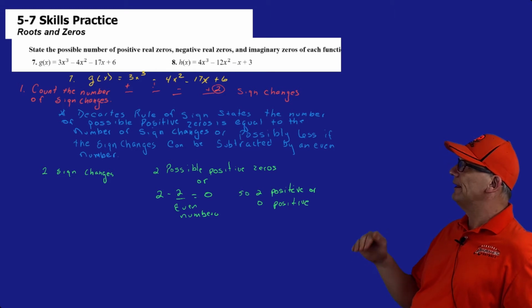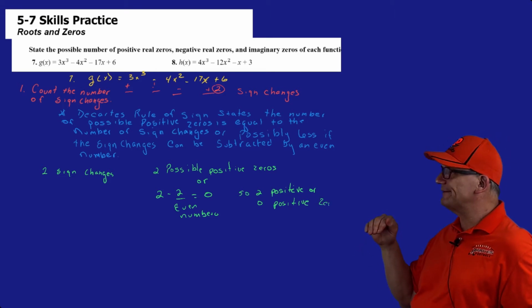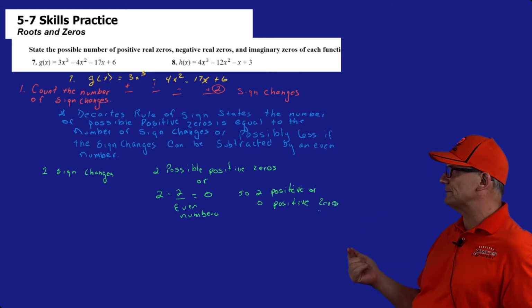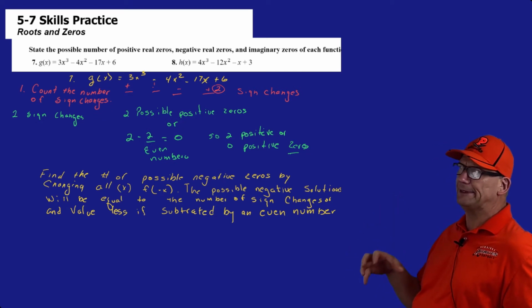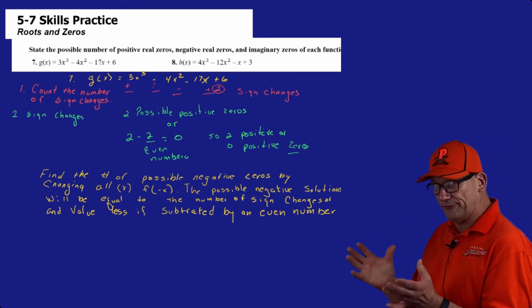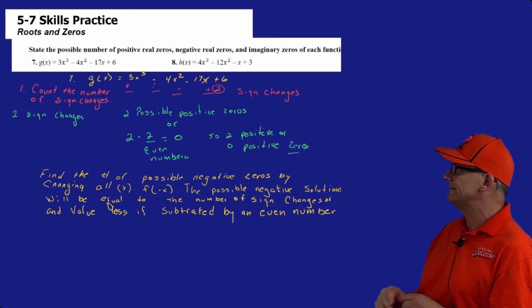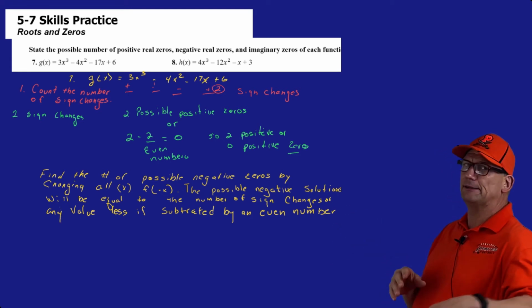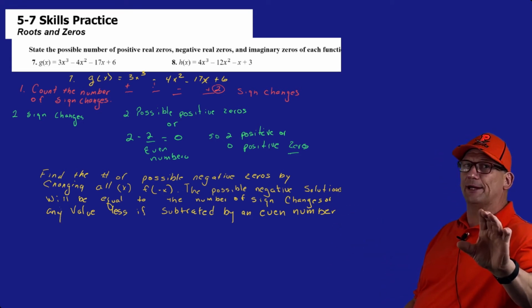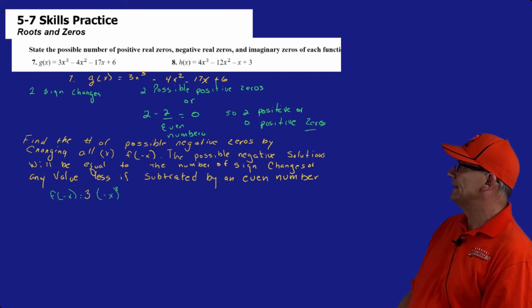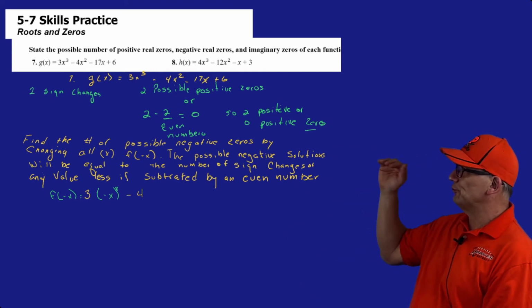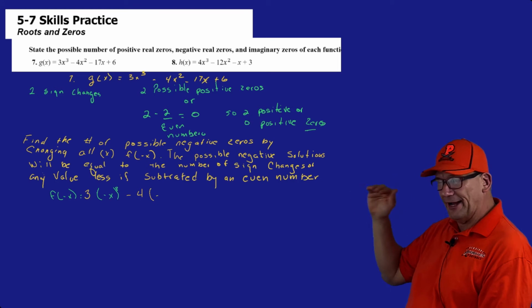We're going to write 3 to the negative x in parentheses to the third power. We're going to write 4 to the negative x in parentheses, then the squared outside. That's how we're going to find out whether there are negative solutions or not. So, Descartes' rule says find the sign changes.